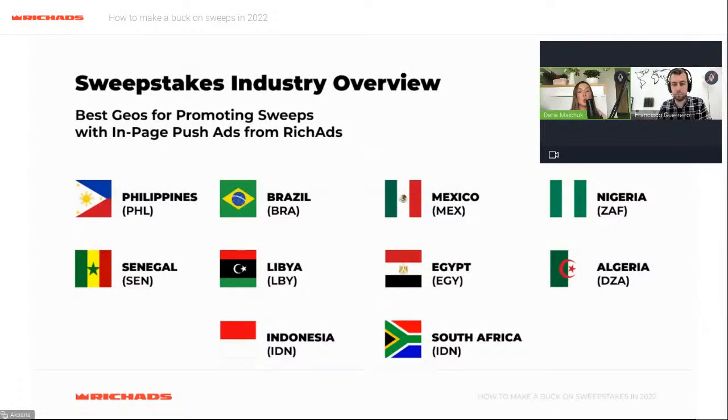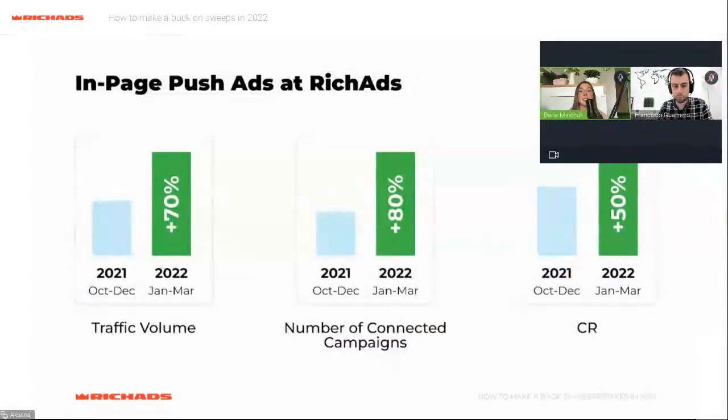The number of top geos is more than twice as high as for push ads. For example, Philippines, Senegal, Brazil, Libya, Algeria, Mexico, Egypt, South Africa, and Nigeria. Here at RichAds, we see that in-page push ads have great potential.